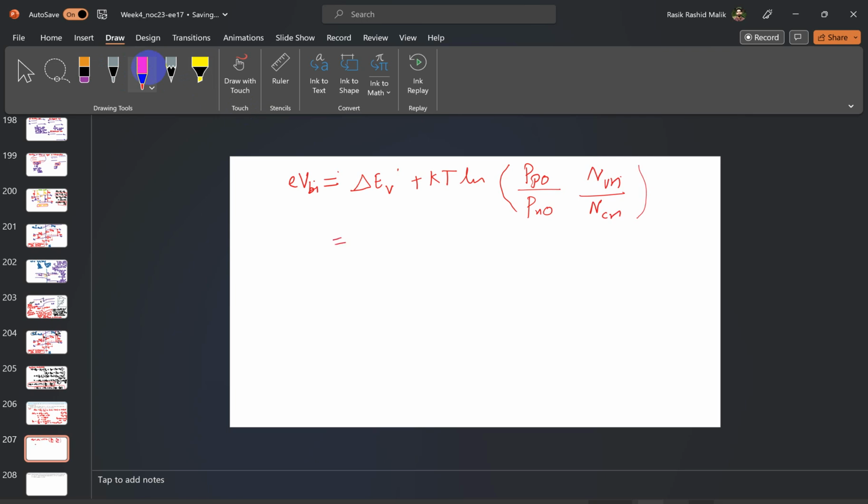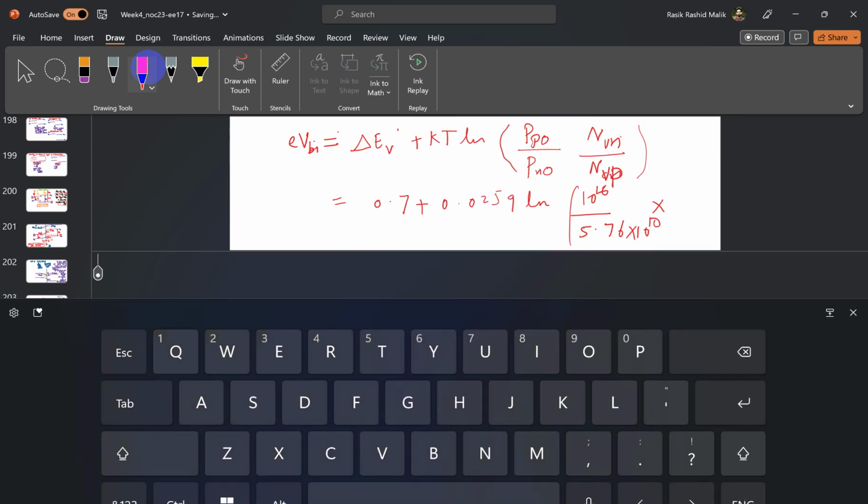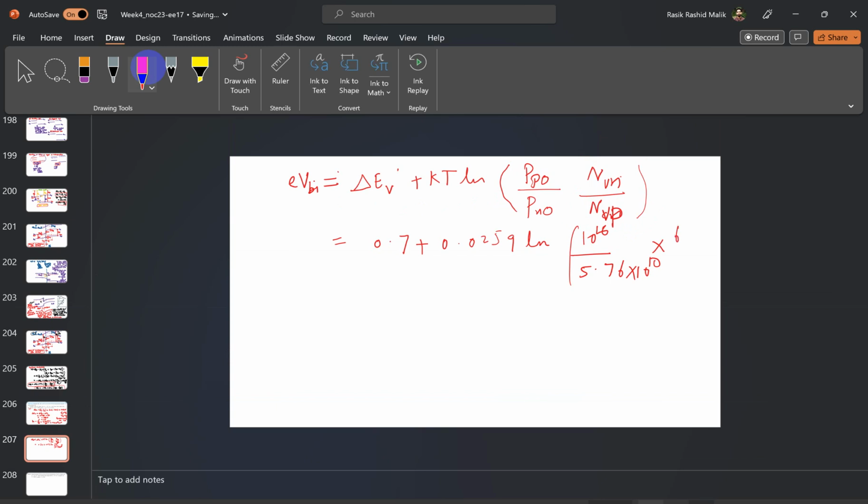I'll just write their values over here. So this is 0.7, then 0.0259 for the kT, then ln of Pp0, the doping is given 10 to the power 16, then Pn0, the minority one that we have already calculated, is 5.76 into 10 to the power 10, and then we have NV on N and NV on P. We know these values for germanium and gallium arsenide, simply 6 into 10 to the power 18 and 7 into 10 to the power 18 for the two materials.